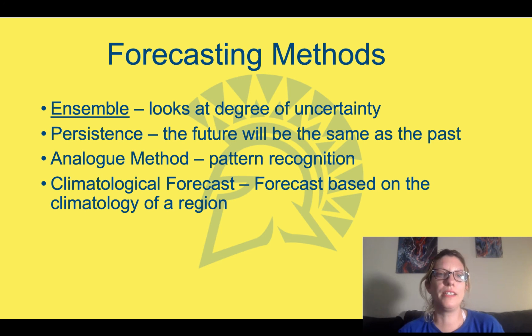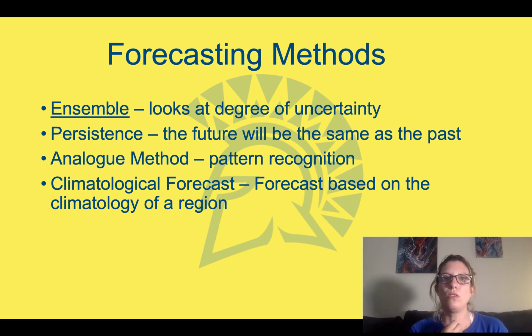All right, so forecasting methods, we have four main types of forecasting methods. The first one is going to be the ensemble method. Now this is going to look at the degree of uncertainty. There are many different models, and meteorologists will look at different models to figure out what the model thinks will happen in the future.